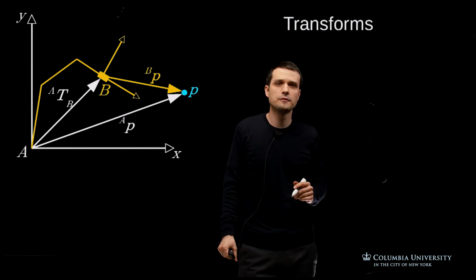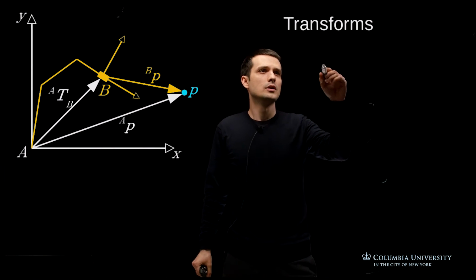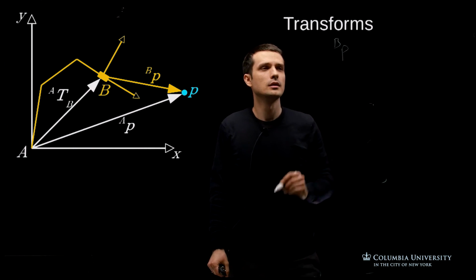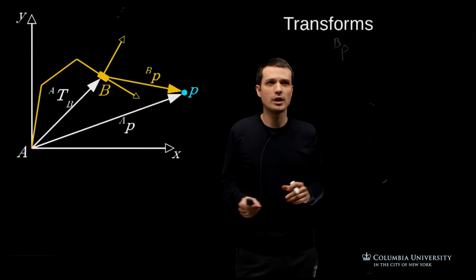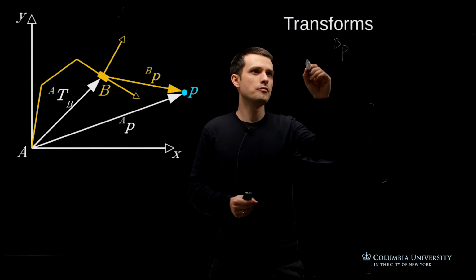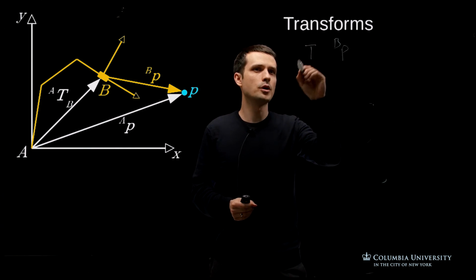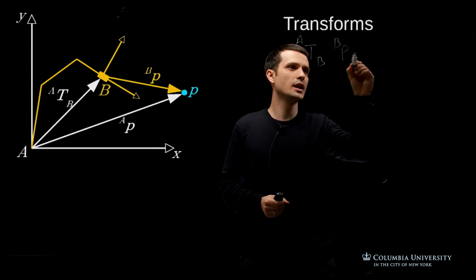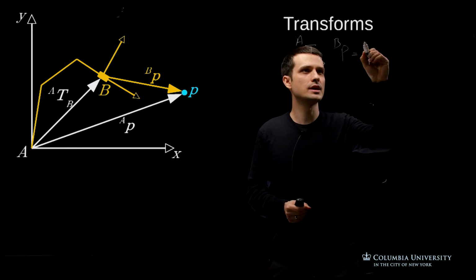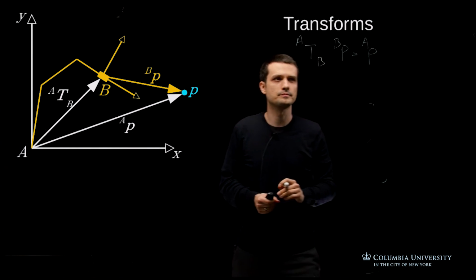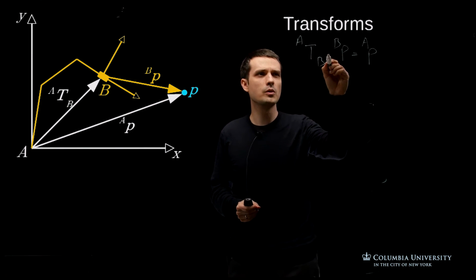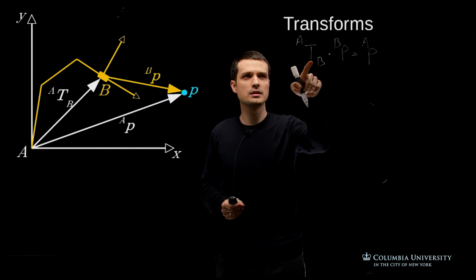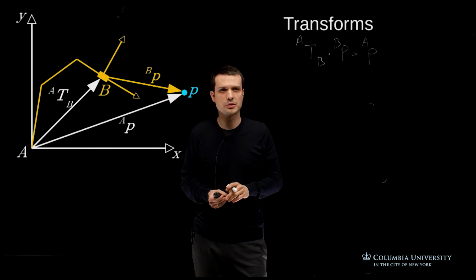So let's formalize this. We have the location of point P in coordinate frame B that's given to us. The camera tells us that. So then, if we multiply that by the transform that goes from coordinate frame A into coordinate frame B, the result of that will be point P expressed in coordinate frame A. And in a second, we will make it very concrete what this multiplication means and what this transform actually looks like from a mathematical perspective.